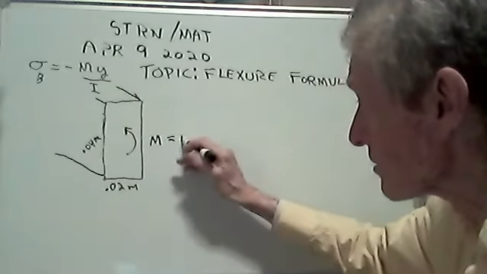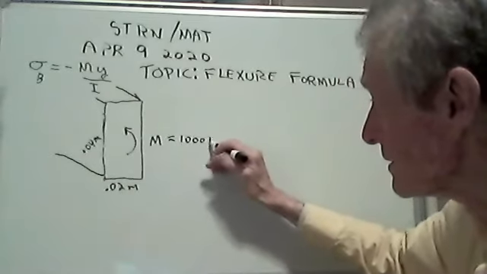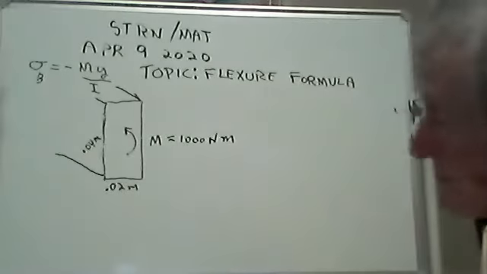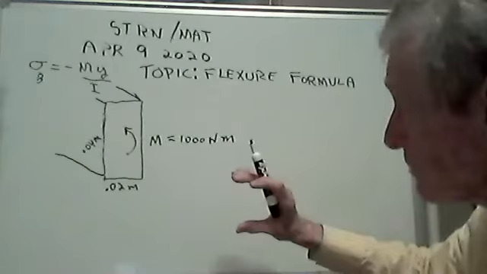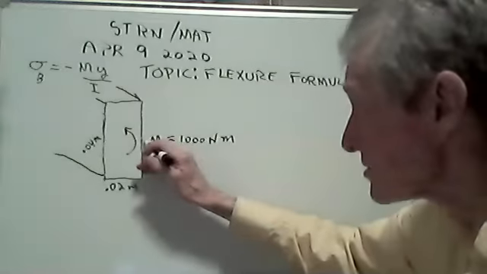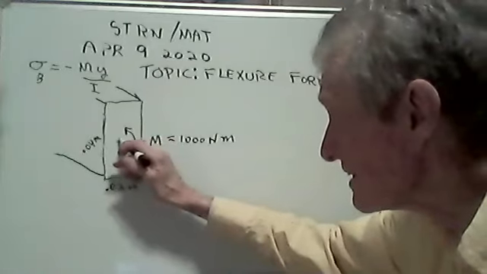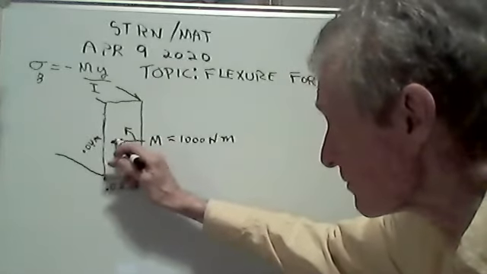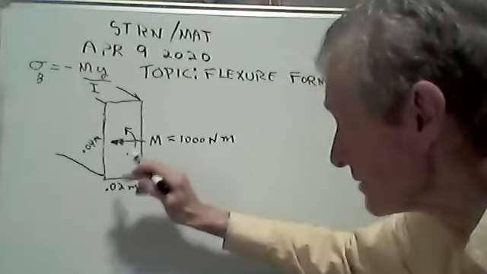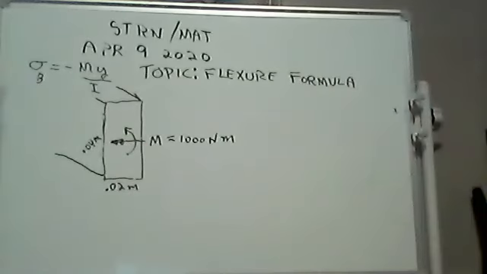And we'll just say it's 1,000 Newton meters. Now, I don't like that. I like to draw my bending moment like this with a double arrow on it. You guys have seen me do that before. A double arrowhead. So I guess you could use both conventions.